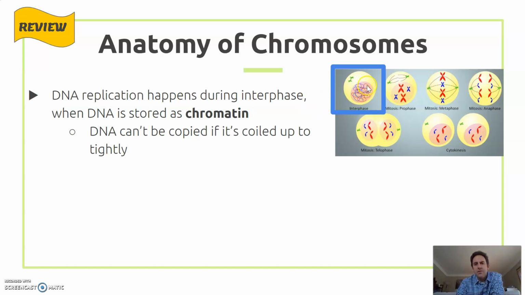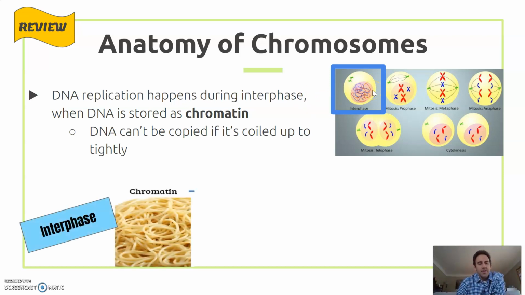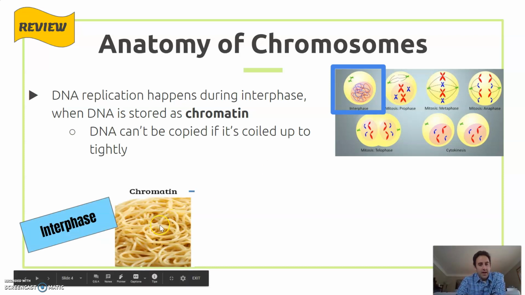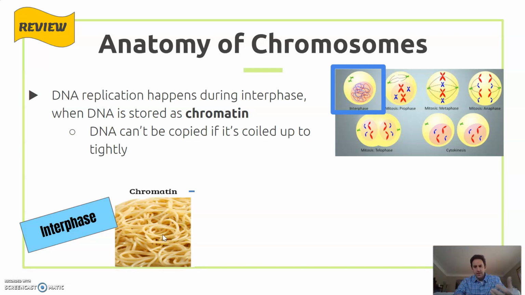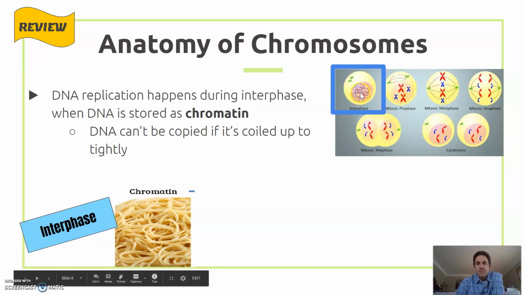So keeping it nice and loose allows DNA replication to happen. An analogy for chromatin would be just a bowl of spaghetti. If DNA is represented by a spaghetti noodle, the chromatin would be just this big bowl, kind of this loose coil of tangled spaghetti. And that actually kind of looks like spaghetti, doesn't it?